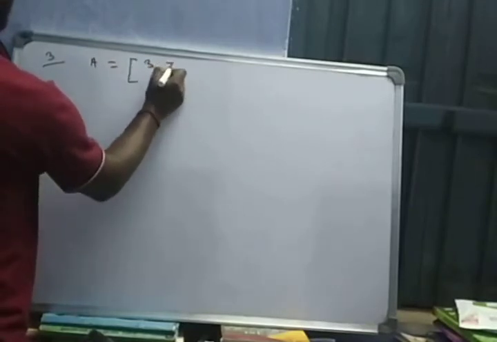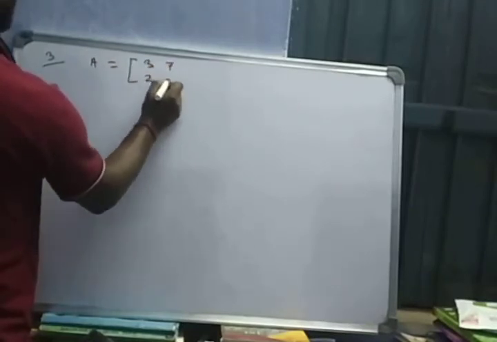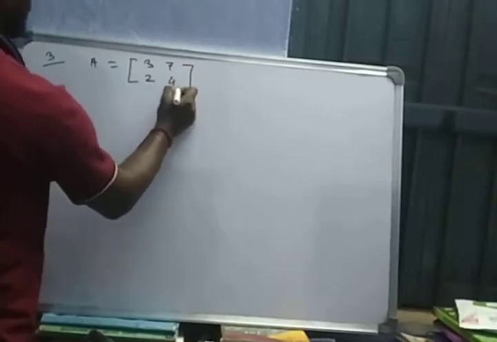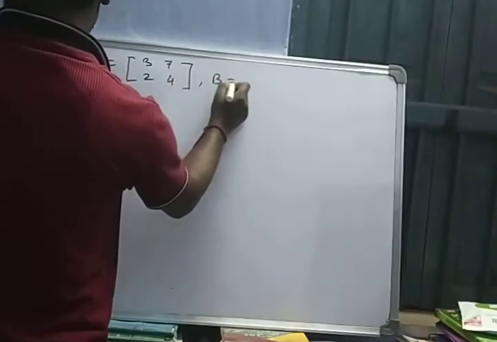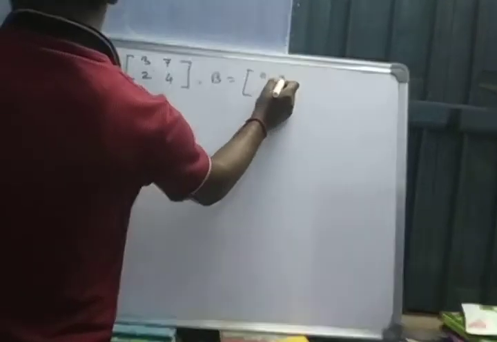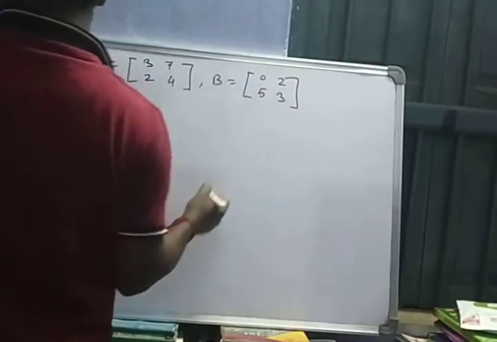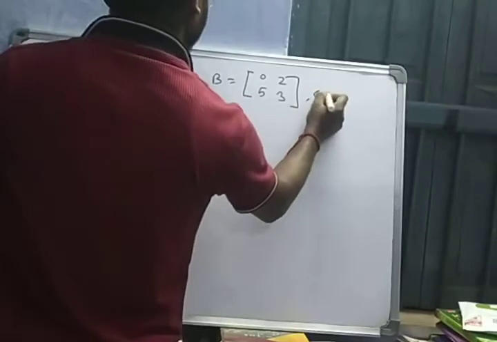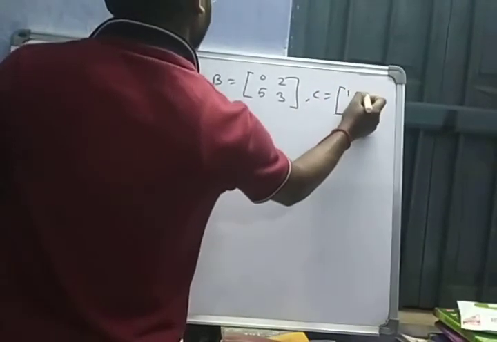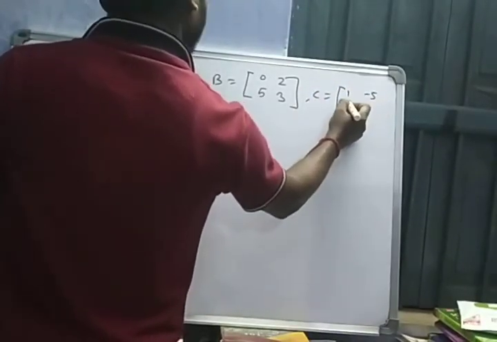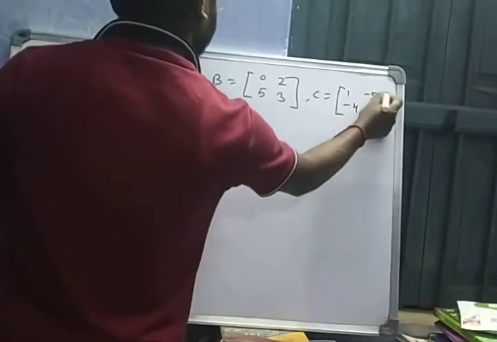A, B and C are given. A equals 3, 7, 2, 4, and B equals 0, 2, 5, 3, and C equals 1, minus 5, minus 4, 6.